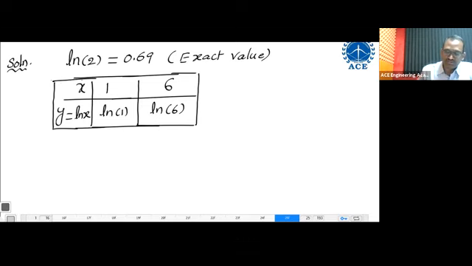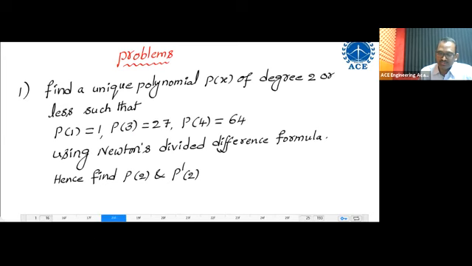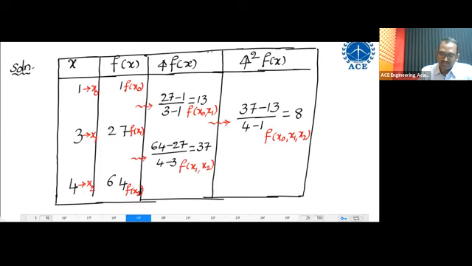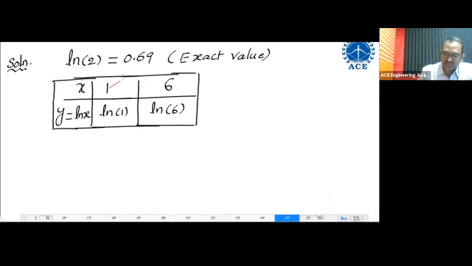You should not get confused; it is the same table. The x column values are x0, x1, and the f of x column values are f of x0, f of x1. Here we are given two values.